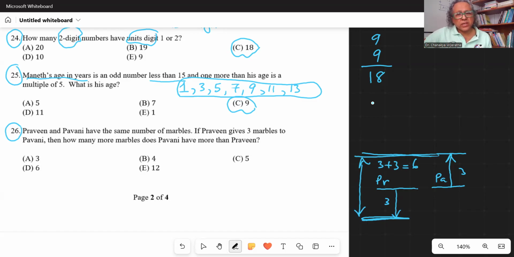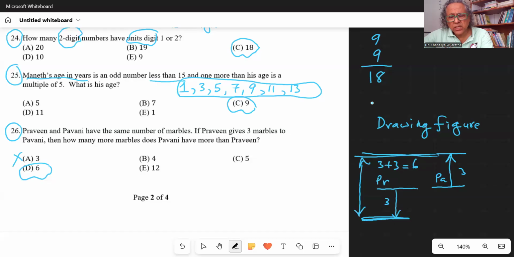So therefore, it is not 3, it is 6. We were able to do that using a diagram. So you can see that drawing a figure is a very powerful strategy. Earlier, I talked about the working backward strategy. Here, drawing the figure is also a very powerful strategy.